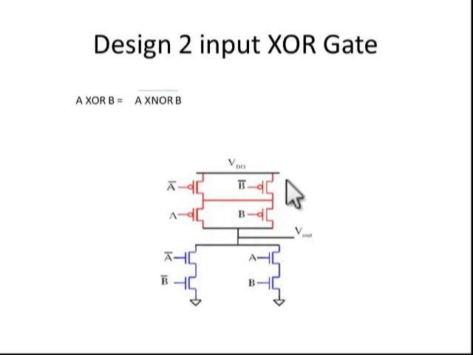And A bar B bar plus AB: plus means the PMOSs are connected in series and the NMOSs are connected in parallel. So this is the idea to design the XOR gate. Actually we can design the XOR gate in many ways. So this is one of the ways. Thank you.